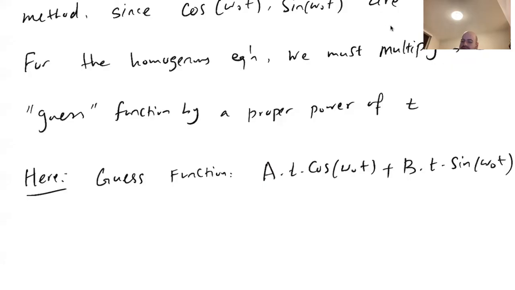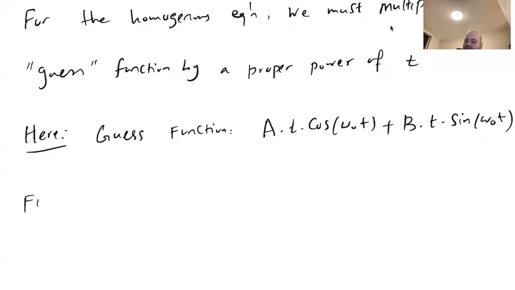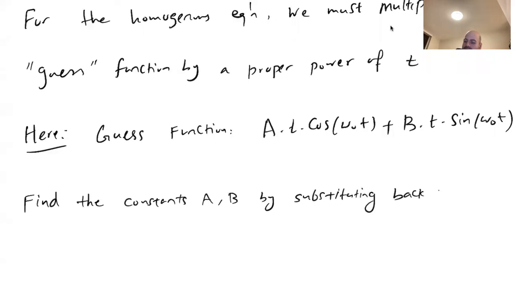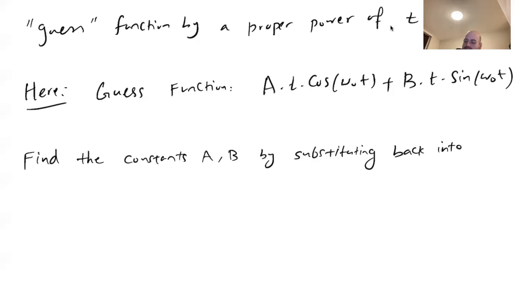So again, our guess function includes two constants a and b, and we need to find those constants by substituting back into our equation, which was mu double prime plus ku equals F0 cos omega naught t.